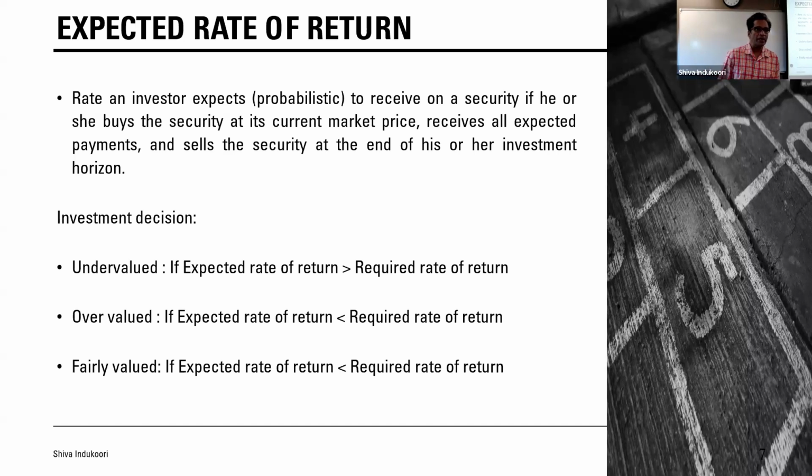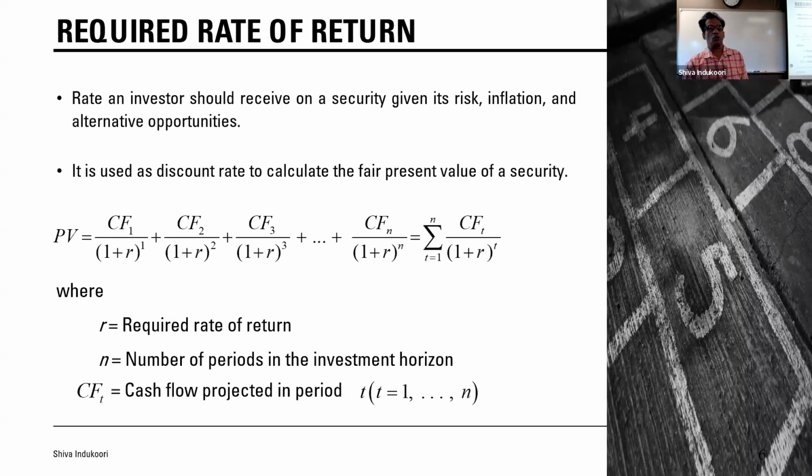So how do you make investment decisions based on the required rate of return and expected return? When you discount the cash inflows based on your required rate of return, you'll get a present value. That becomes the price. That is the base for the markets to trade the securities at a given price. That's the benchmark.